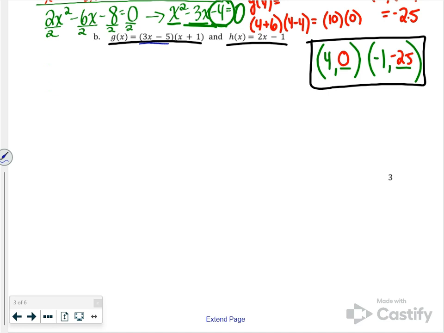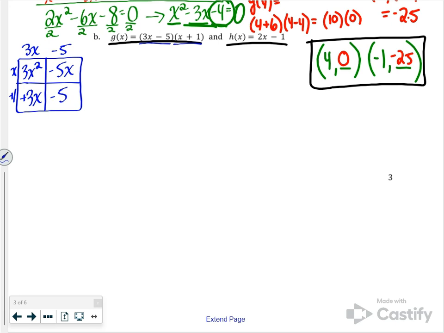This is going to be 3x minus 5 times x plus 1. So we could use a box method to show that. 3x minus 5, and we've got an x plus 1. So 3x squared plus 3x minus 5x minus 5.